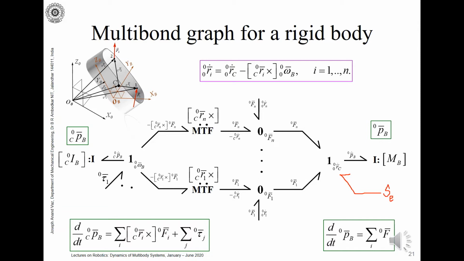So here we are going to have the source of effort, which is the mass of the body multiplied by the acceleration vector due to gravity. So we'll take it as g.